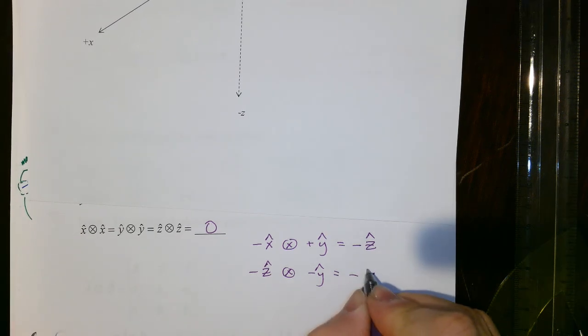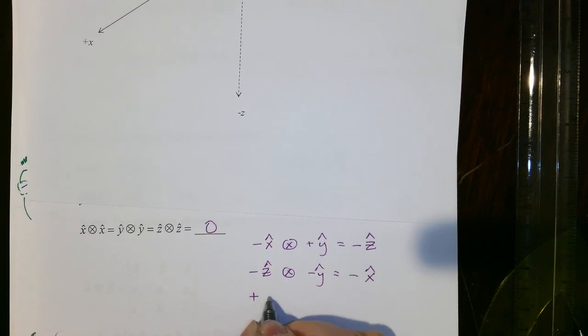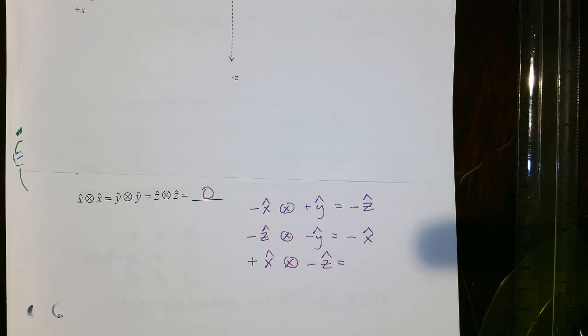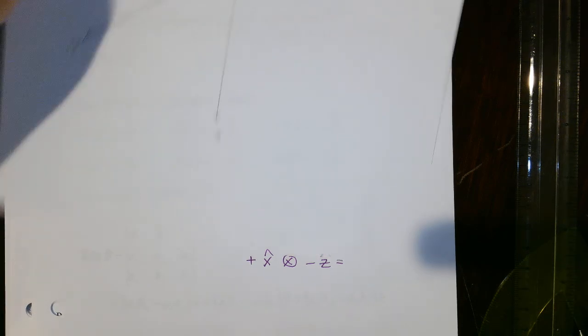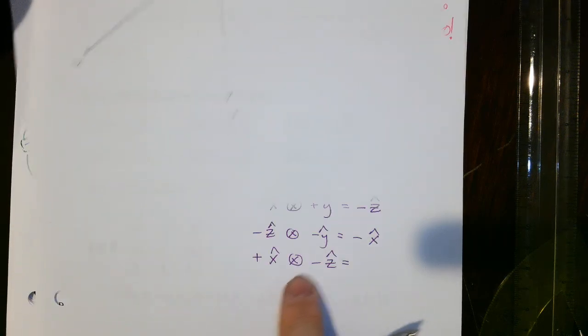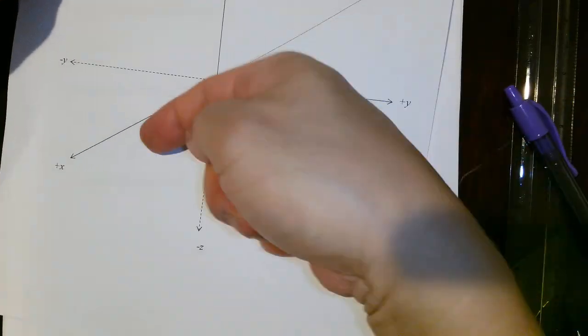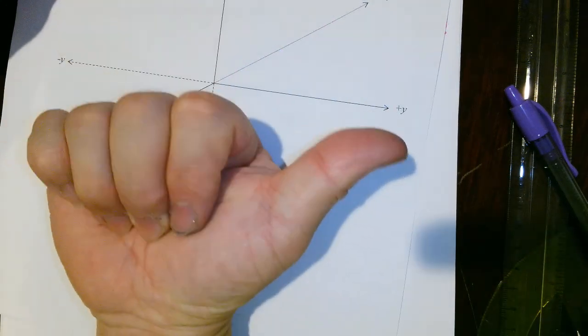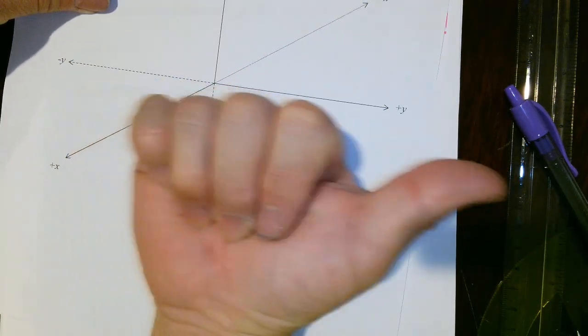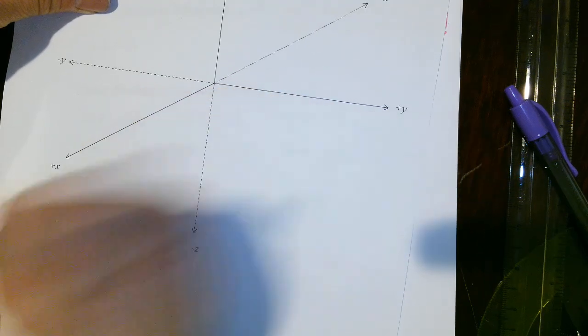Negative x is correct. Good. One more. Positive x hat cross negative z hat. Kate? Negative y hat. Positive x cross negative z would produce positive y hat.